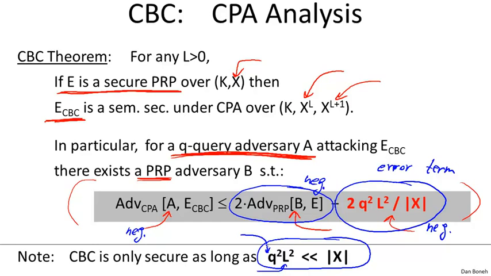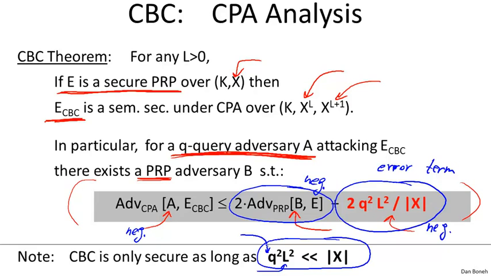Q is the number of ciphertexts that the adversary gets to see under the CPA attack. In real life, Q is basically the number of times that we've used the key K to encrypt messages. If we use a particular AES key to encrypt 100 messages, Q would be 100, because the adversary would then see at most 100 messages encrypted under this key K.